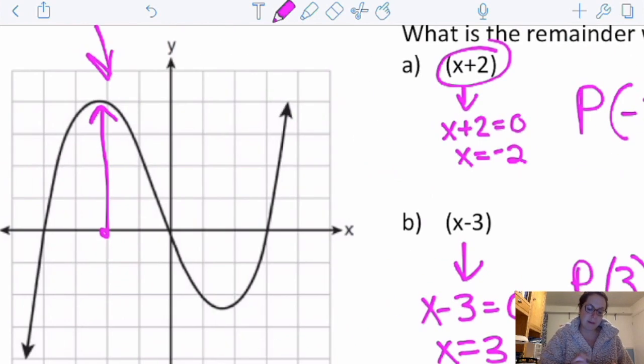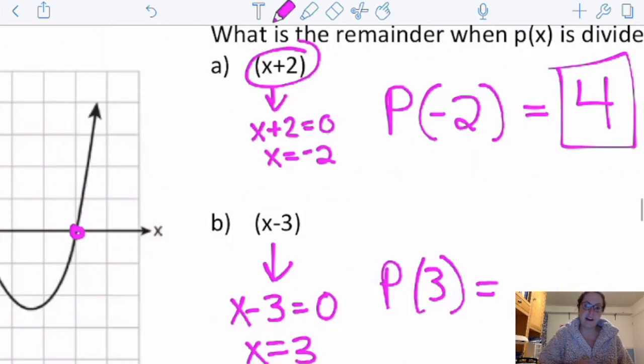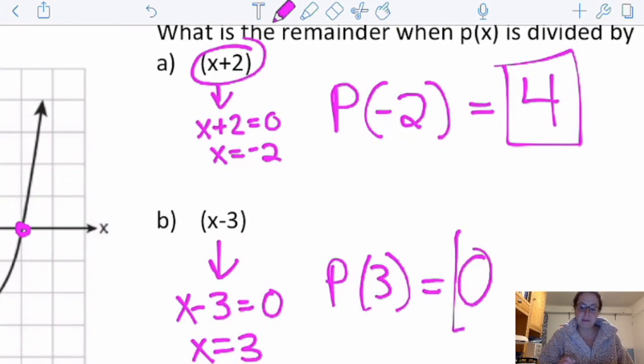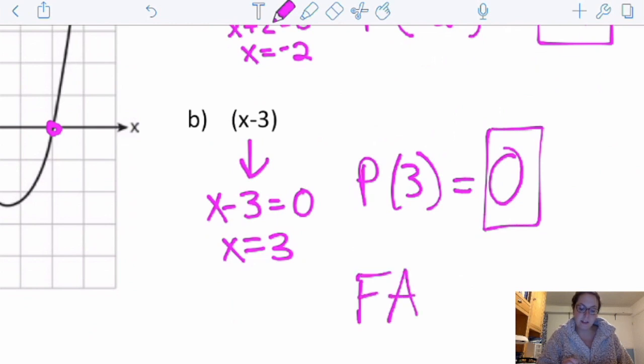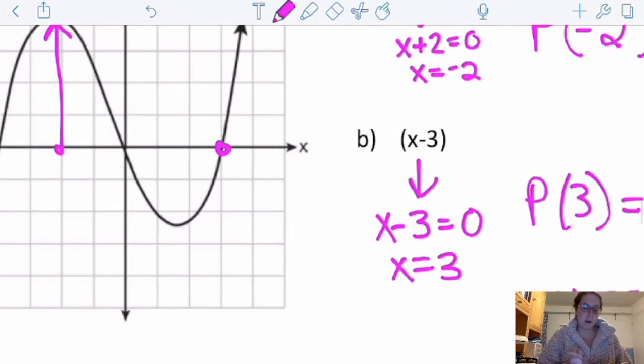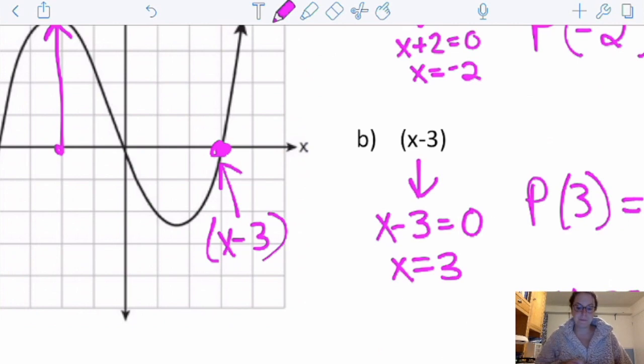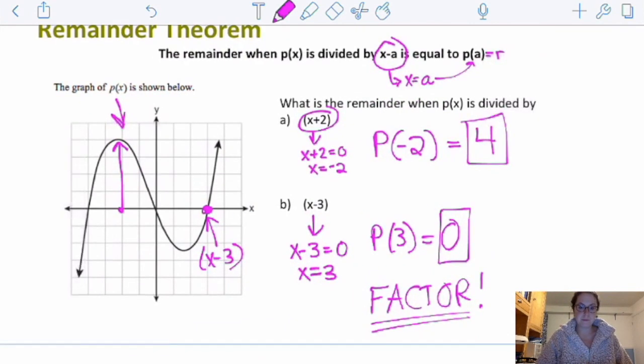Looking at my picture, at 3, the value is 0. That means that the remainder would be 0, and that should tell you this is a factor. And think about it. We know that if 3 is a 0, then x minus 3 is a factor. So we start to connect all of this stuff that we've done.